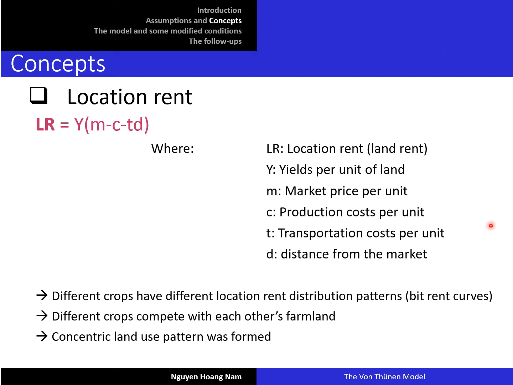Yield here is sản lượng, yields per unit of land, sản lượng trên mỗi đơn vị của đất hay là đơn vị diện tích của đất. There's another word, concentric. Concentric tức là đồng tâm.